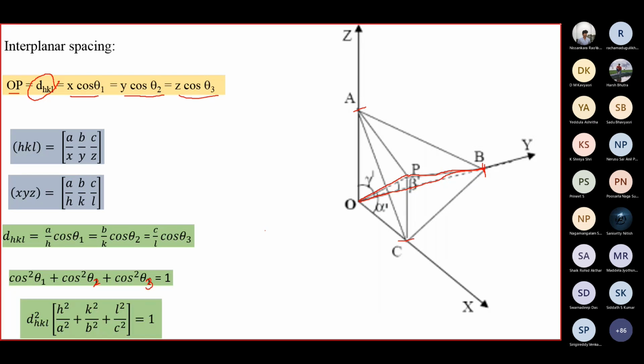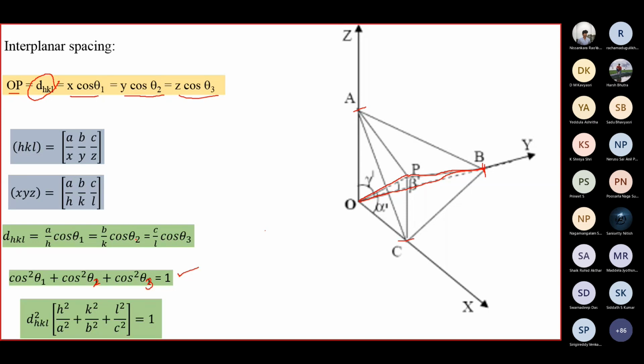Now, h square by a square plus k square by b square plus l square by c square is equal to 1. This is the formula we have, right? So instead of cos square theta 1, you use d square hkl into h square divided by a square.